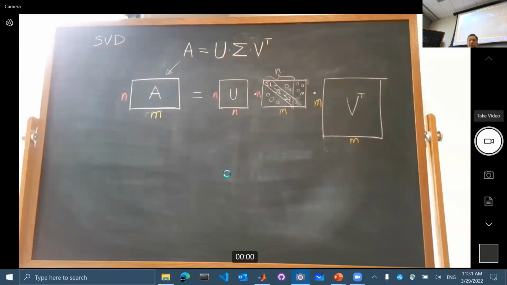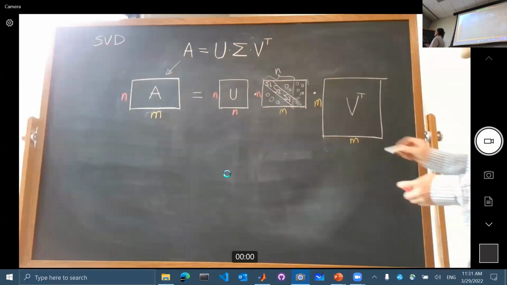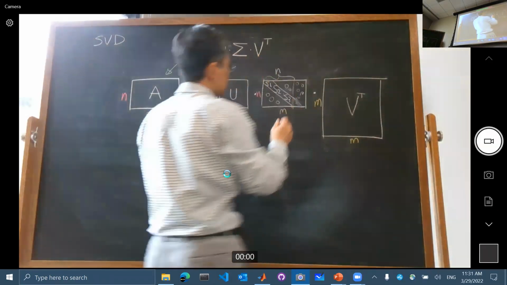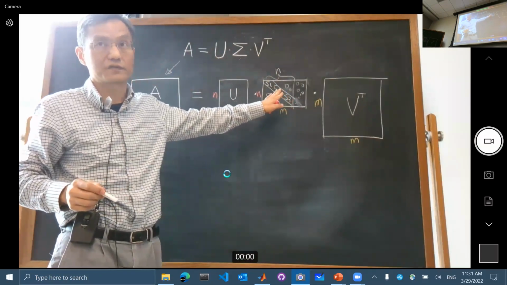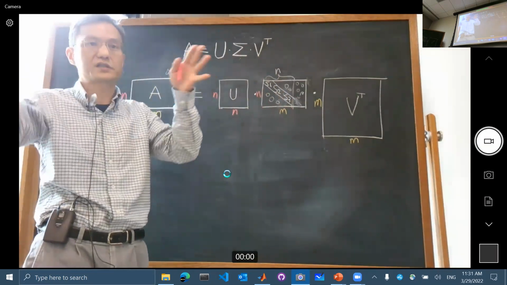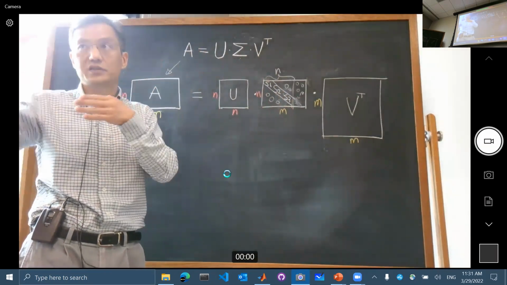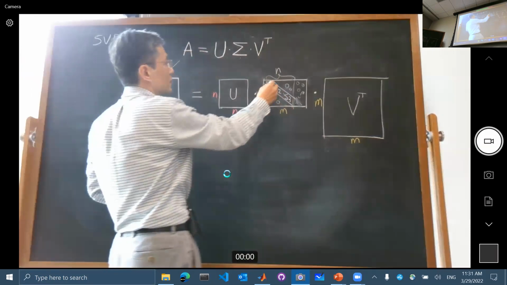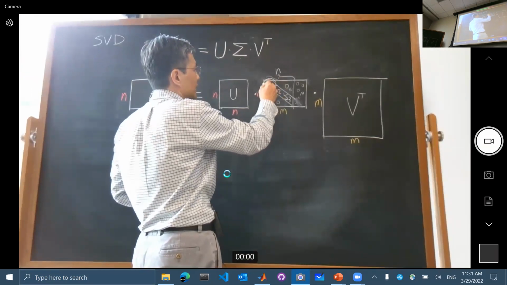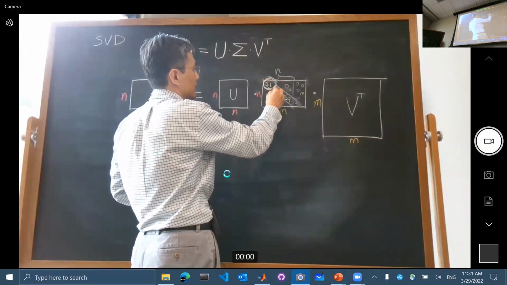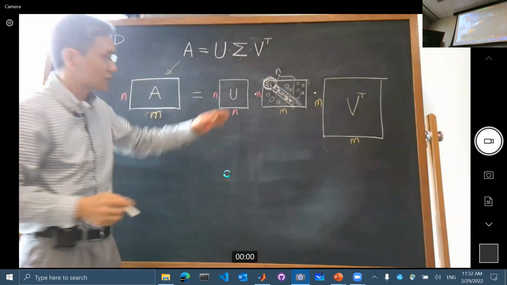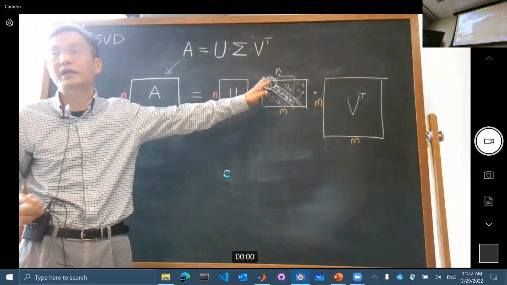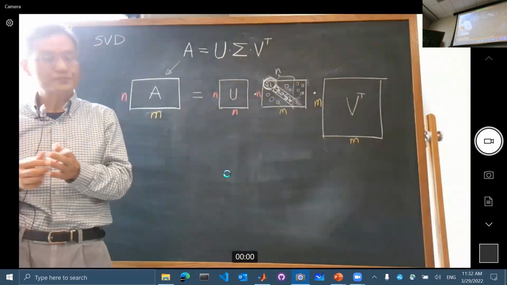Back to this board here. Our sigma matrix contains those singular values, which indicate the strength factors for different directions. Because we already ordered them, this is the largest, and this second, third. I indicate those values by the bubble size.